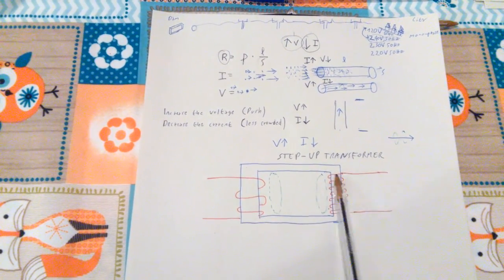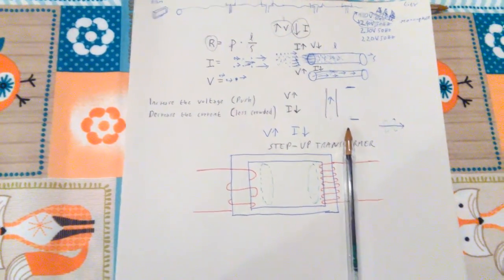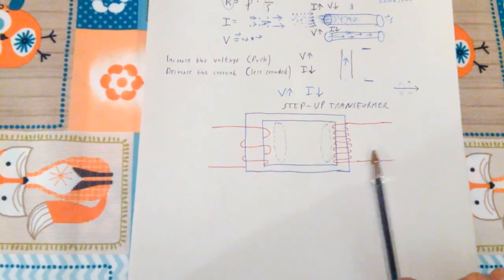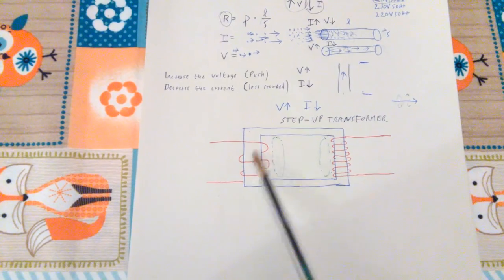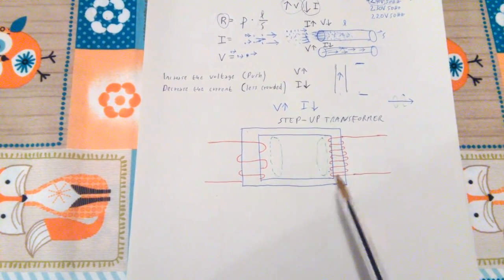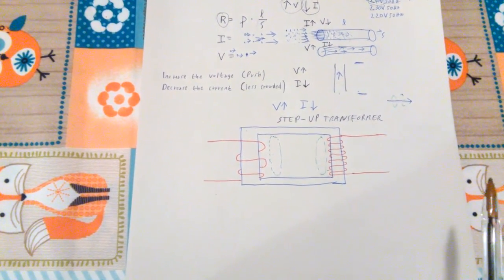And therefore, current is going to flow in this wire. Now, I know what you're thinking. You're saying, okay, I think I understand. When the current flows here, it generates a magnetic field, and this magnetic field is going to make the current flow.